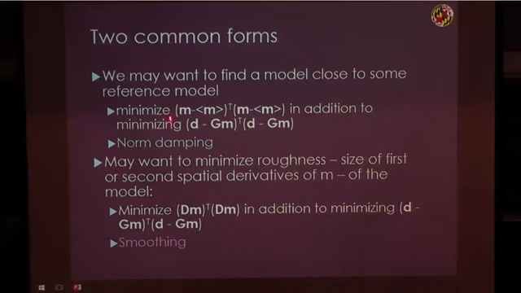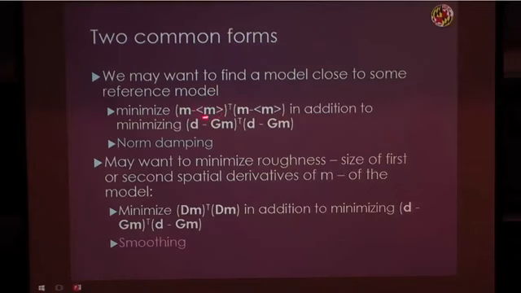Sometimes we add equations that tell the inversion that it wants to find a model that's close to some reference model. In other words, it wants the deviation of the model parameters from some values that you came to believe through some process, either through learning or guessing. You want your solution to be close to that reference model.